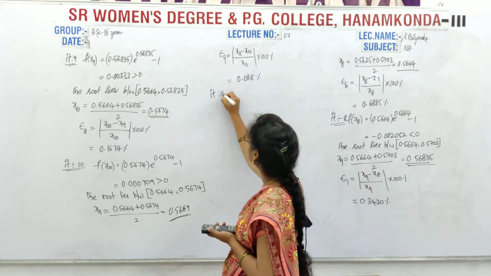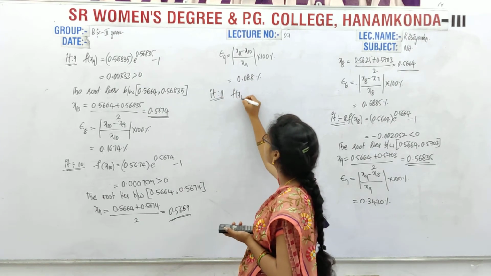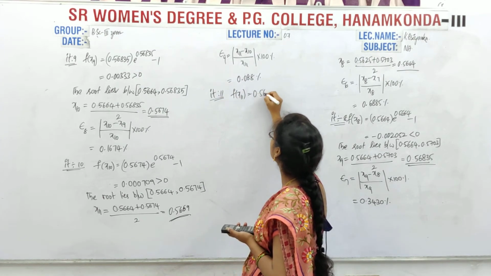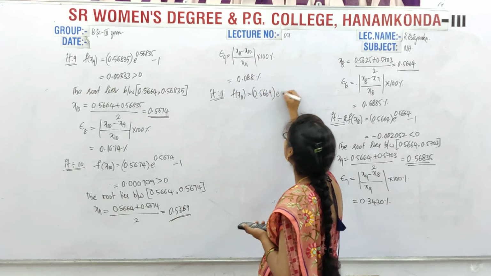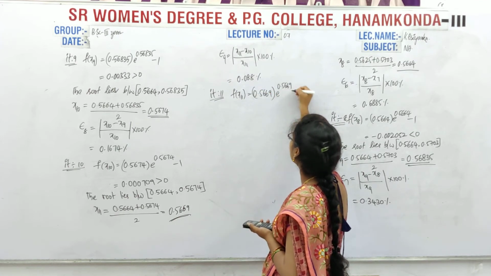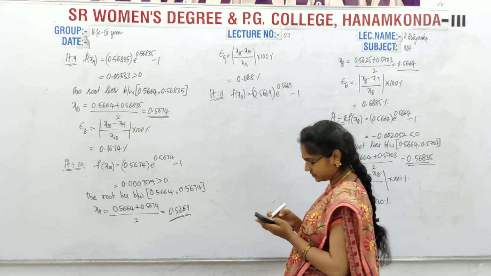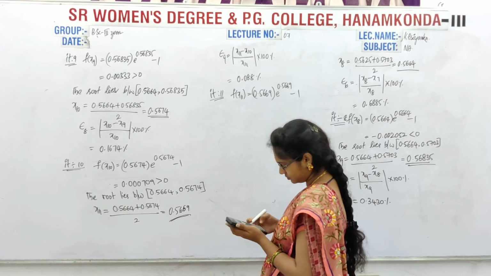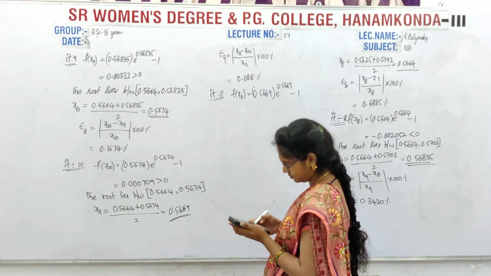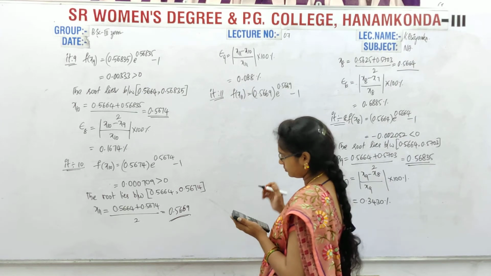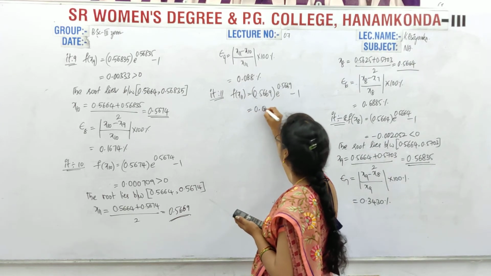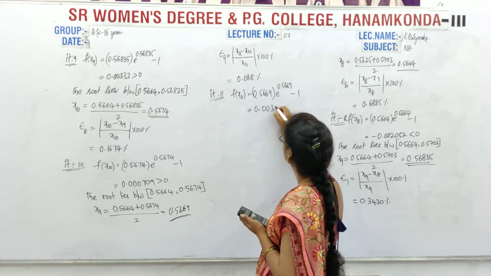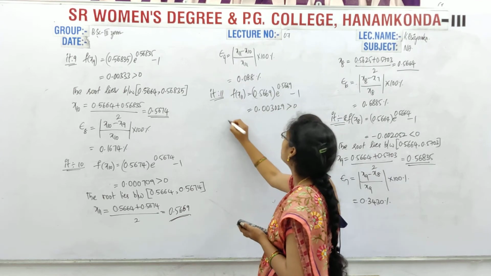Now iteration number 11. F of x11 equal to the functional value, or substituted value, minus 1. Now calculate it. Now it is 0.003029, positive.